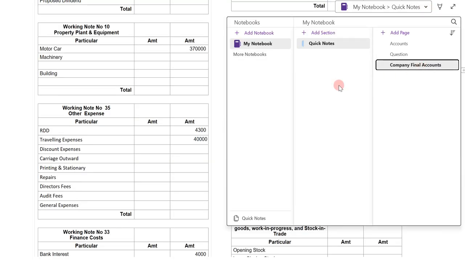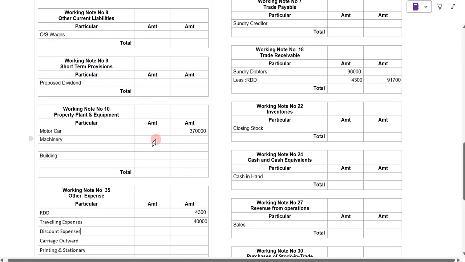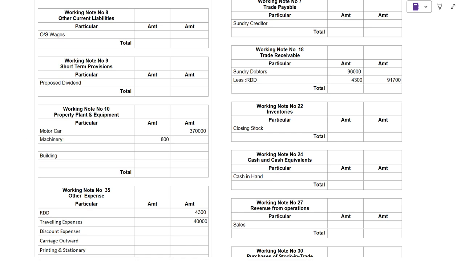So now we will do note number 10. Machinery. The value of machinery is 8 lakh. Less depreciation 10%. On 8 lakhs, 10% is 80,000.